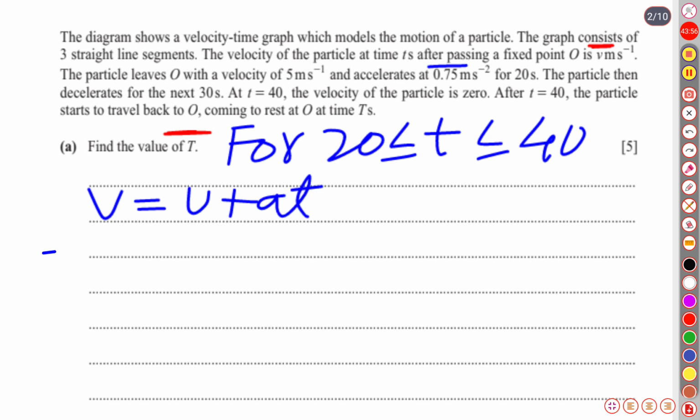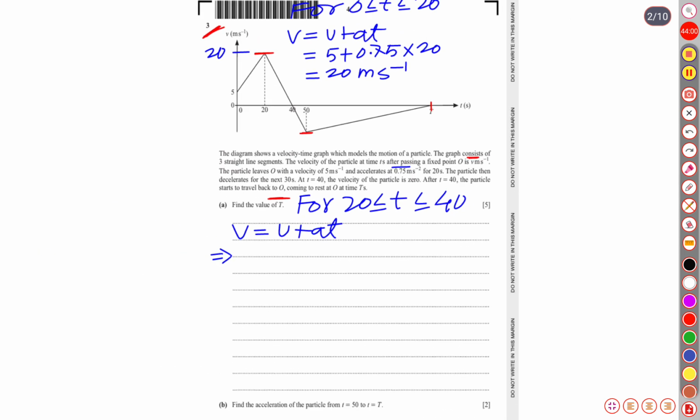So what is our velocity? We have got that the velocity was 20. From 20 it was decelerating. So the final velocity is 0, because at this point the final velocity was 0.